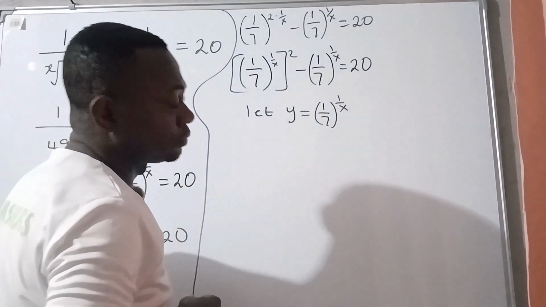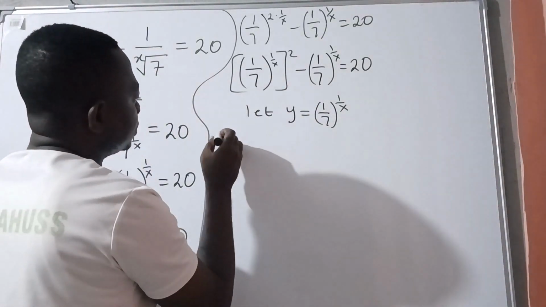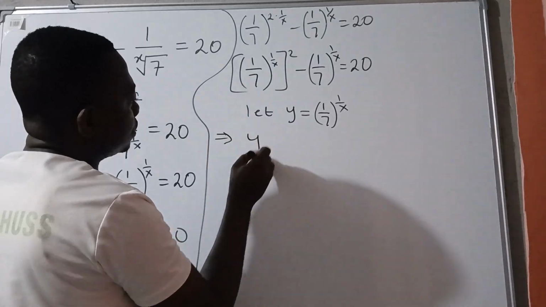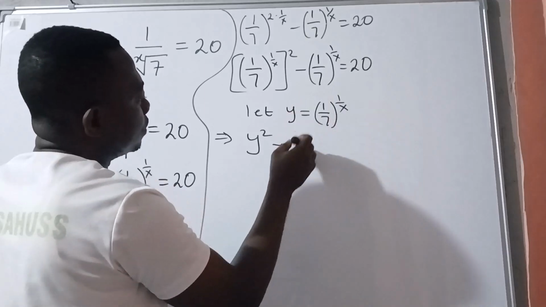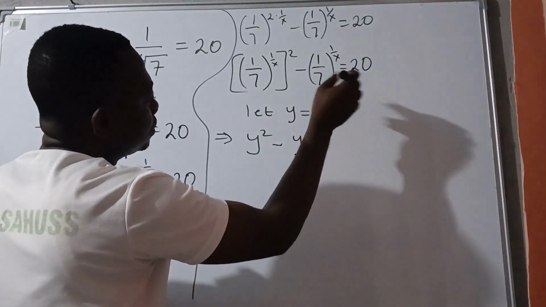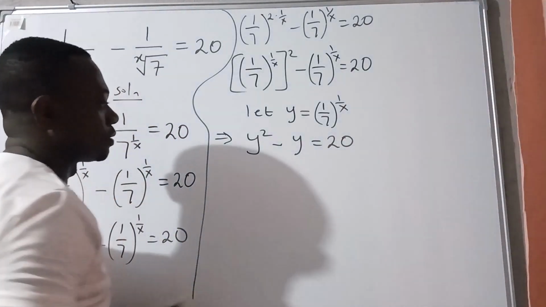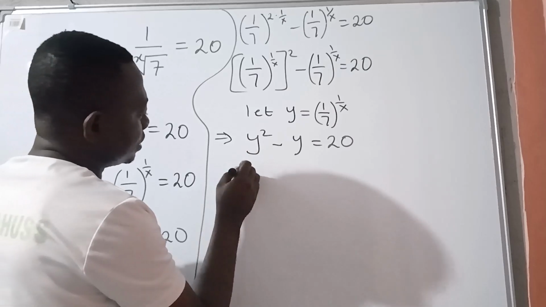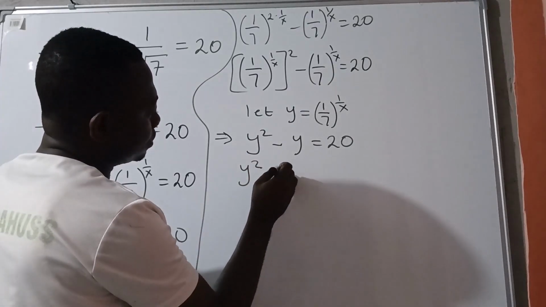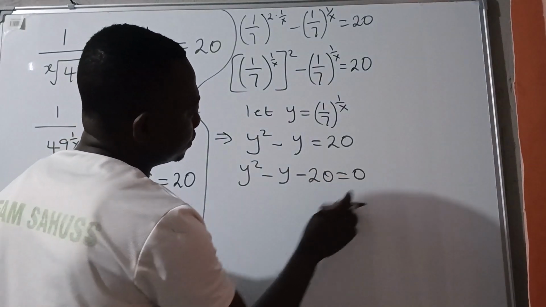So going back, if I put y here, this one will be squared. We have another one, equals to 20. And this one is a quadratic. So let's arrange it and solve it. y squared minus y minus 20 equals to 0.